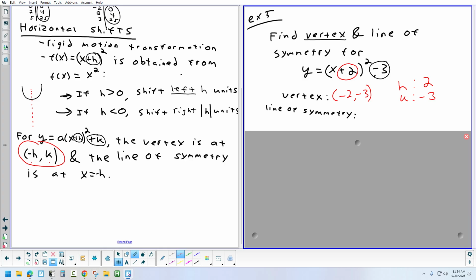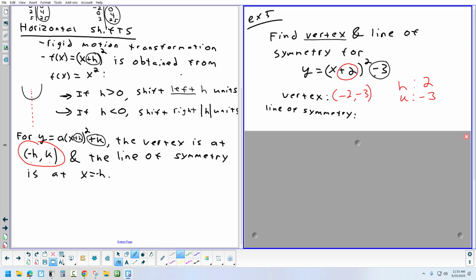And the line of symmetry, it's always vertical. And how does the equation of a vertical line always start out on the left side? We talked about that yesterday in 1-4. How does the equation of a vertical line always start? This was a special case, Lewis.